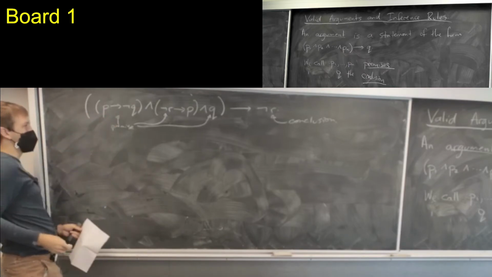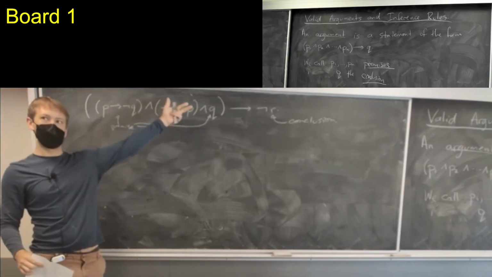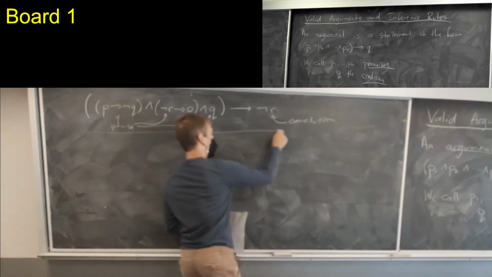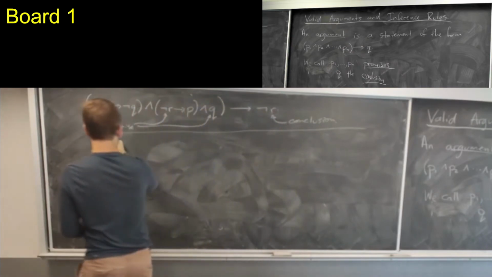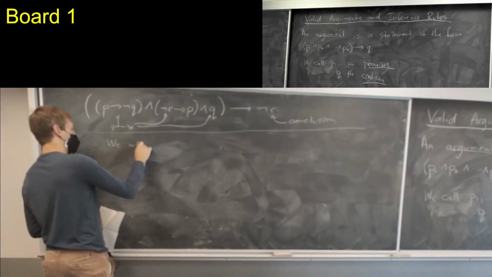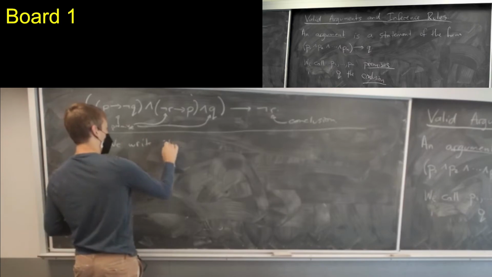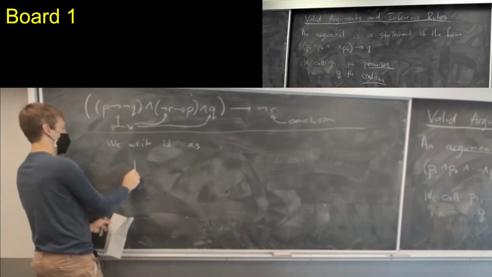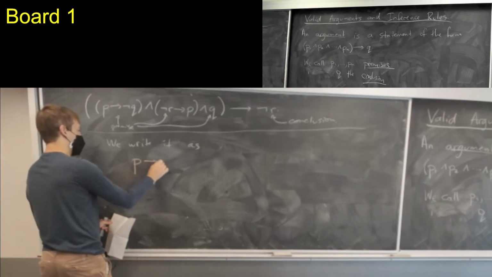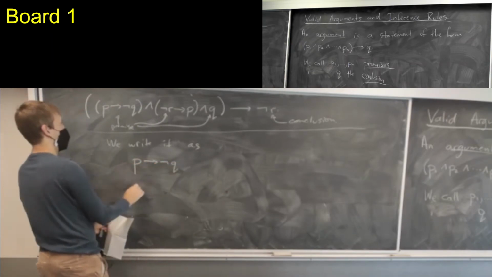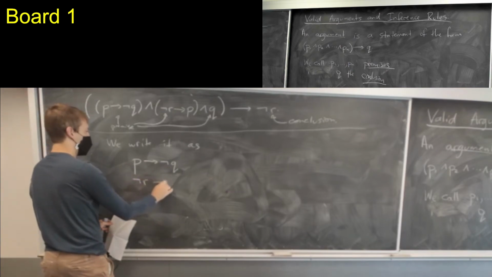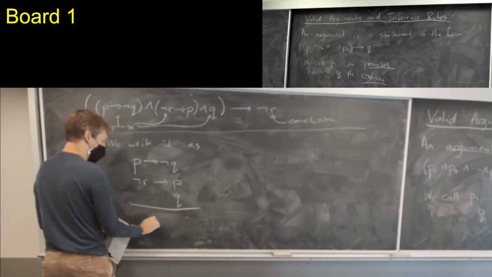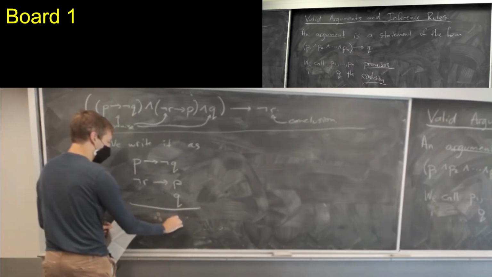This is kind of ugly because we've got all these crazy brackets, so it's usually cleaner to write an argument like this. Let's look at it in this example. I'll write my premises first: P implies not Q, not R implies P, Q, with a line, and therefore not R.